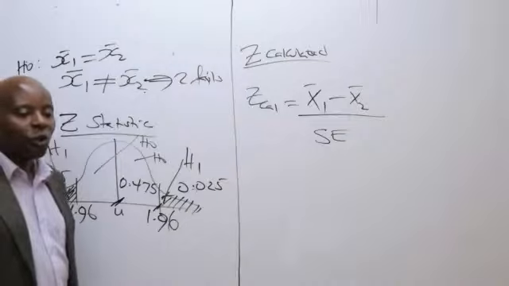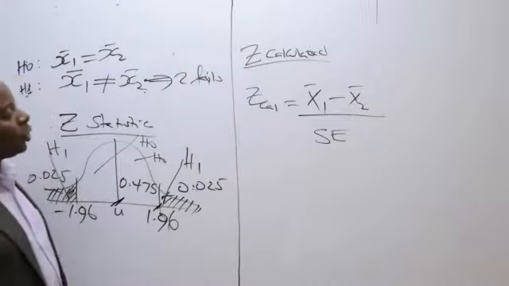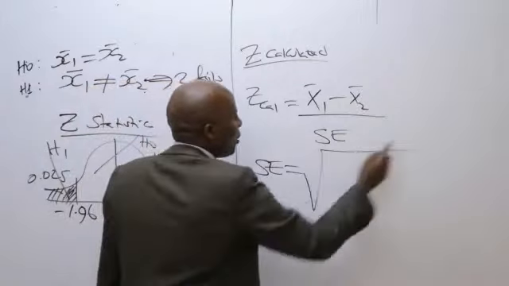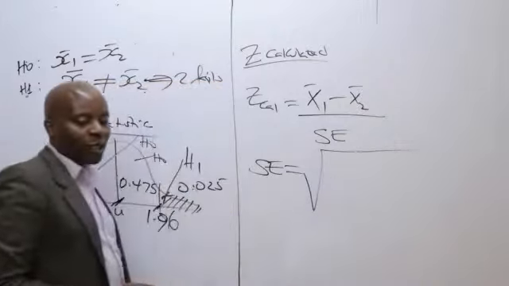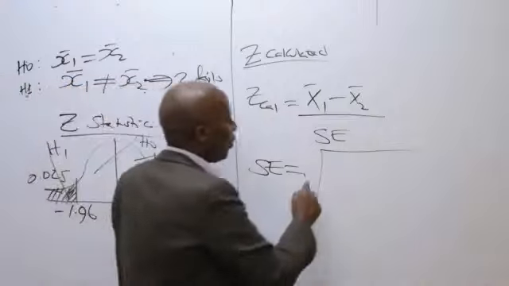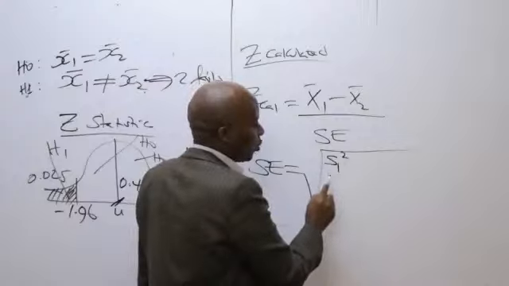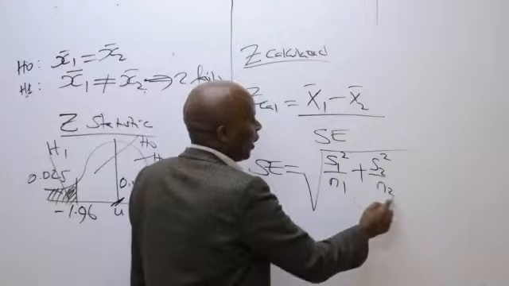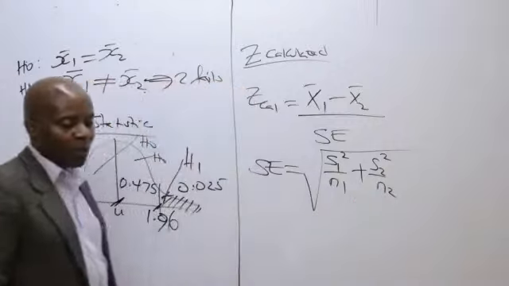Whenever you've got two samples, the standard error will look like this: square root of the standard deviation of 1 squared all over n1 plus standard deviation of 2 squared all over n2.